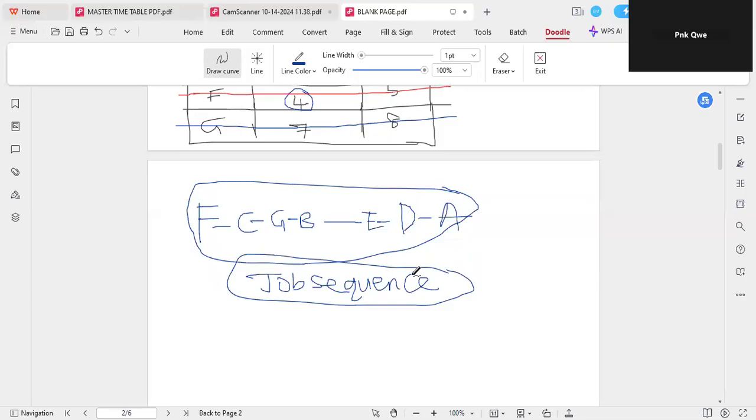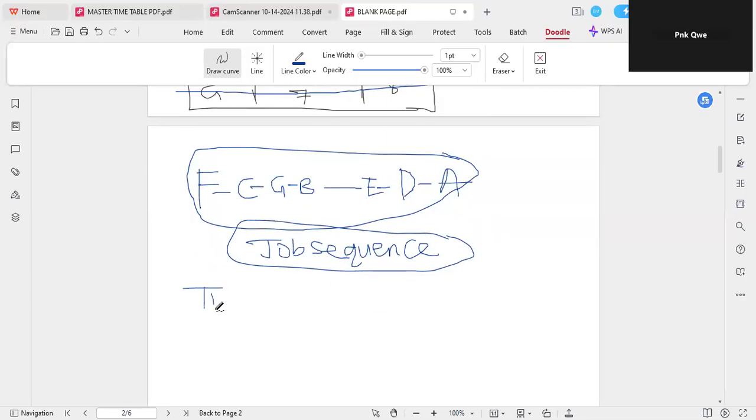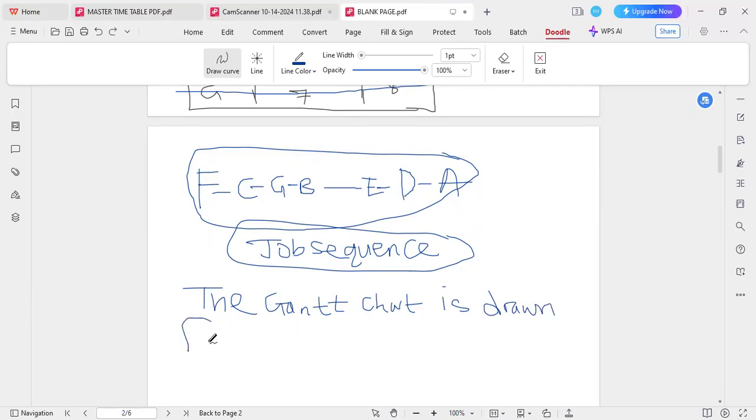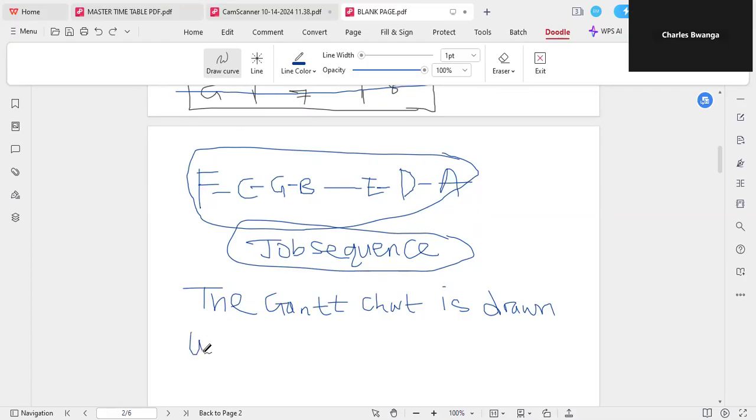Okay, so under this job sequence, the Gantt chart is drawn based on the job sequence.